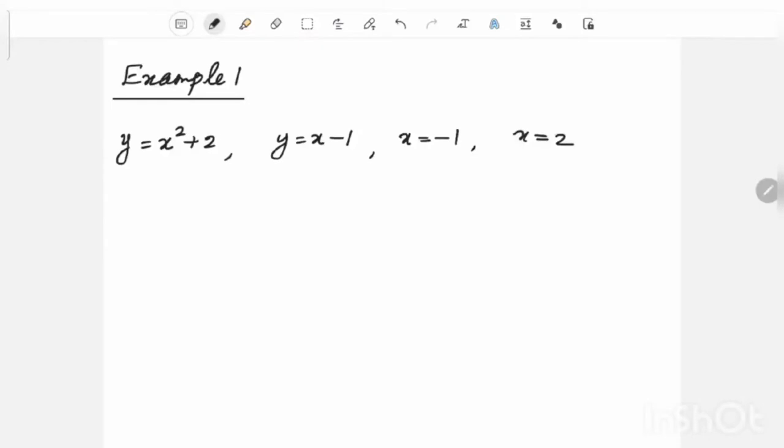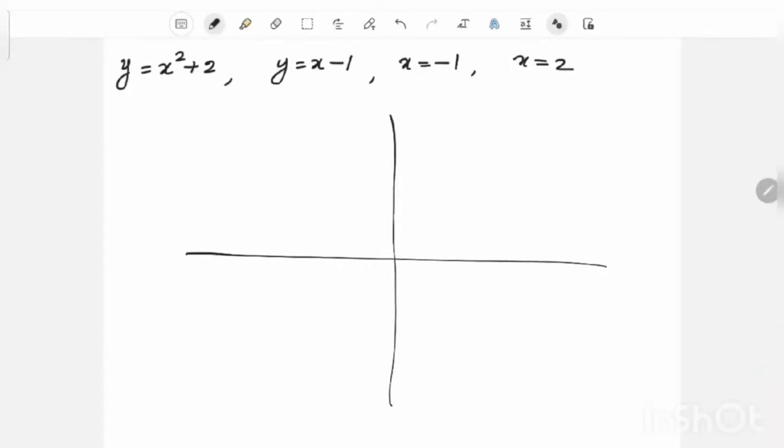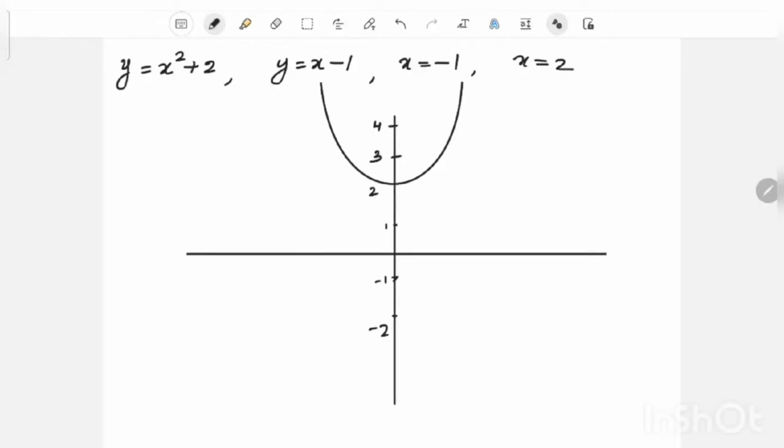So here we have to find the area between the curves y equals x square plus 2 and y equals x minus 1. And y equals x minus 1 is a line: when x is equal to 0, y equals minus 1, and when y is equal to 0, x is equal to 1. So the line passes through these two points.